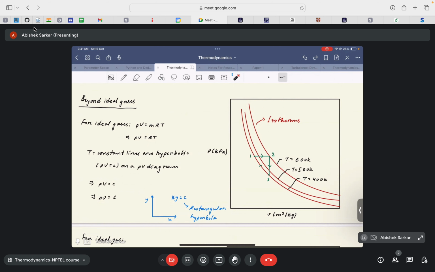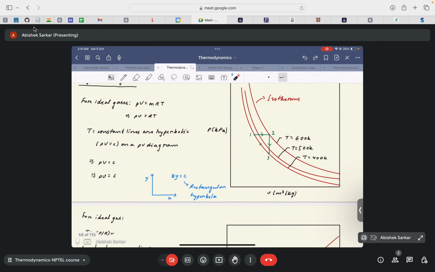Similarly, PV equal to some constant c would denote a rectangular hyperbola in the PV plot. Okay. With that mathematical analogy, we said that the isotherms in a PV plot will behave as a rectangular hyperbola in the case of an ideal gas.